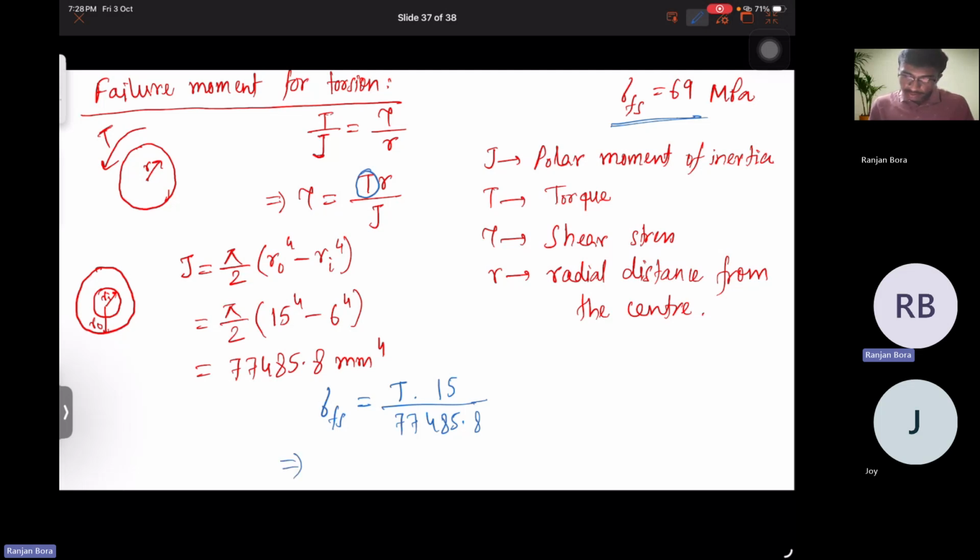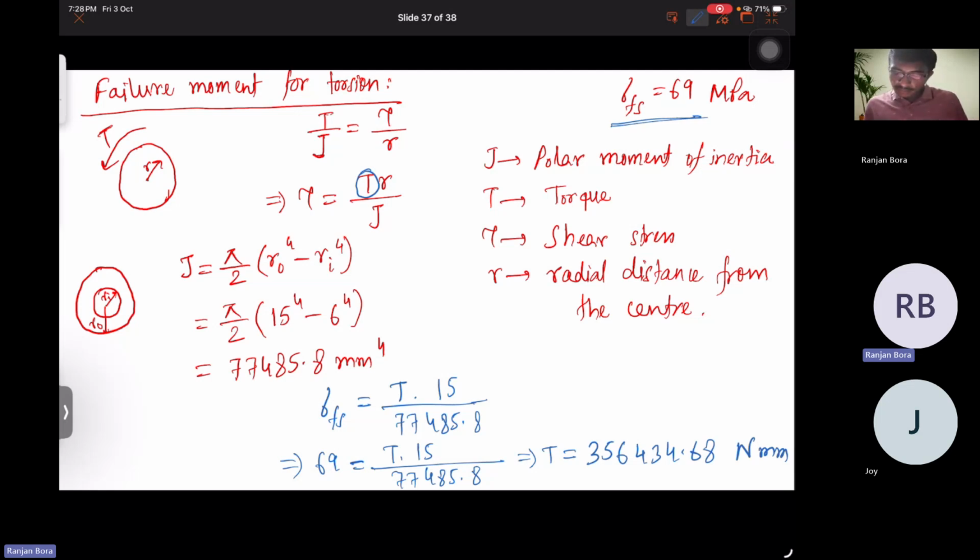Here we substitute 69, and from this equation we get torque equal to 356434.68 Newton mm.